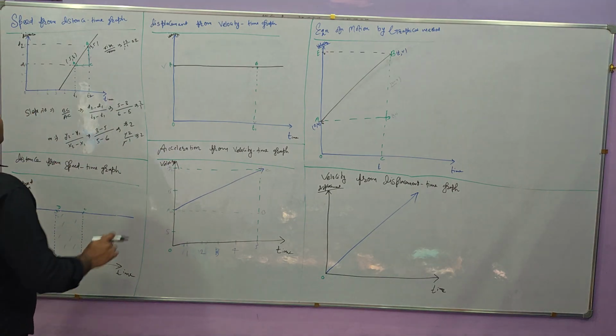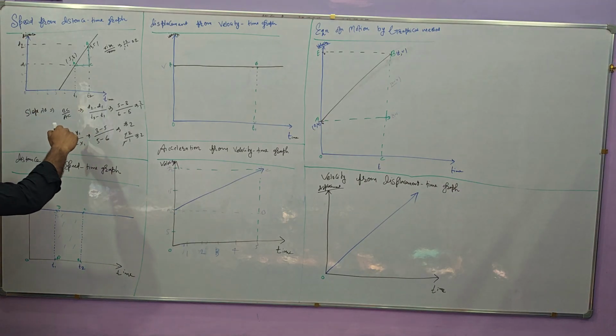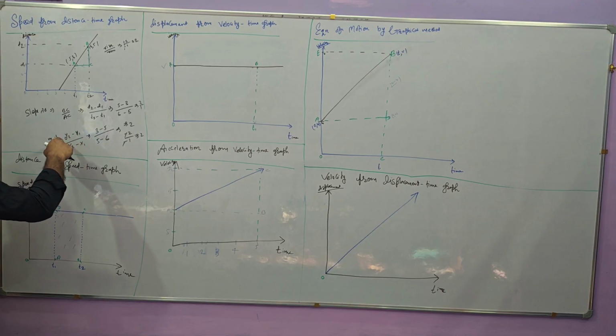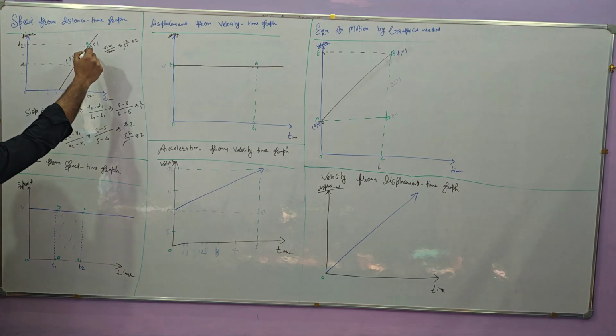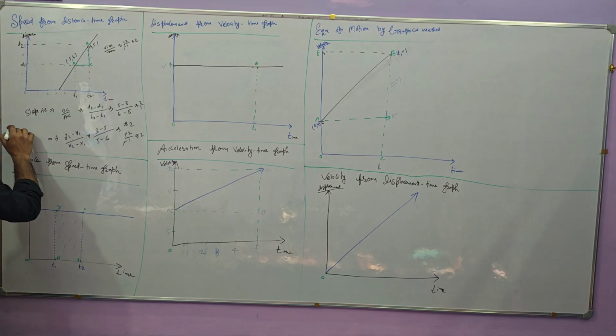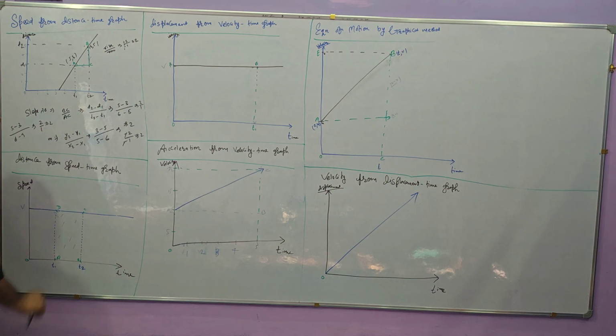Otherwise, we can also find the change of position considering y2, y1, x2, x1. Suppose this is our y2 and this is our y1. So y2 is 5 minus 3 and x2 is 6 minus 5, that becomes 2 upon 1, that is 2.